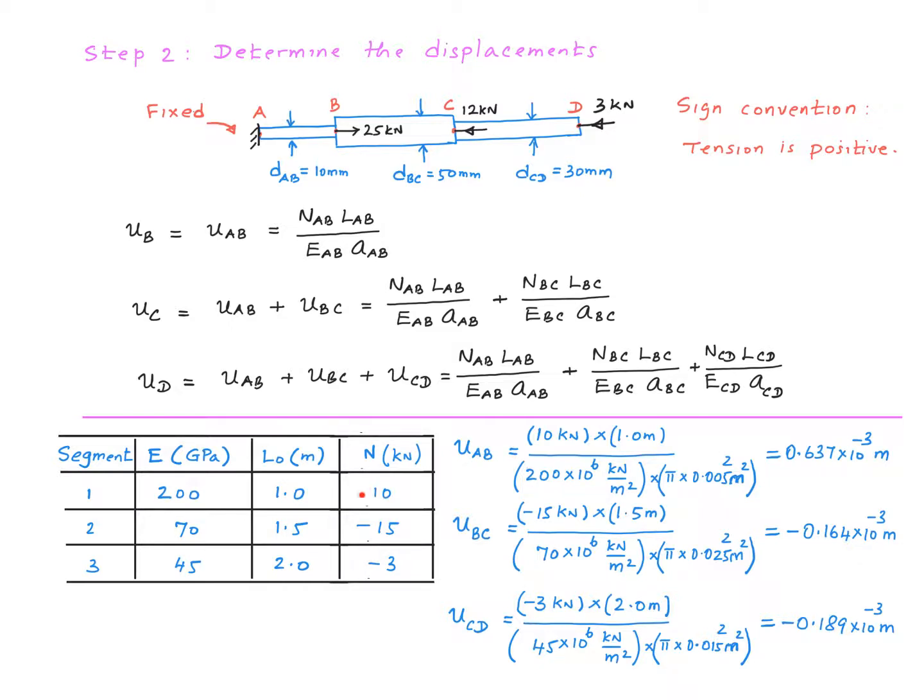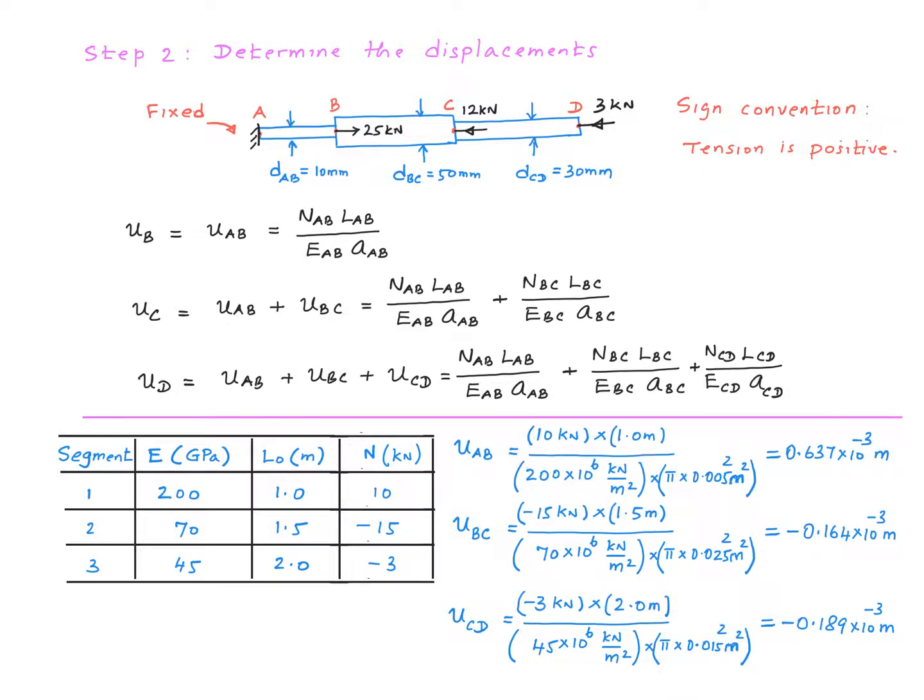NAB is 10 kilonewton from this table. LAB, the length of AB is 1 meter. Young's modulus of AB is 200 gigapascal. So let's convert that into kilonewton per meter squared. So I need to multiply 200 by 10 to the 6 in order to achieve that.